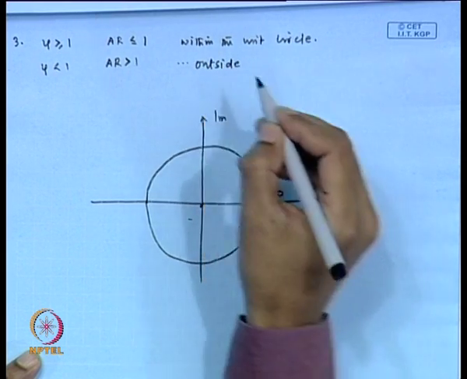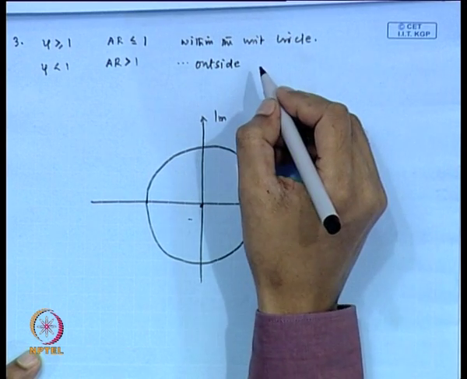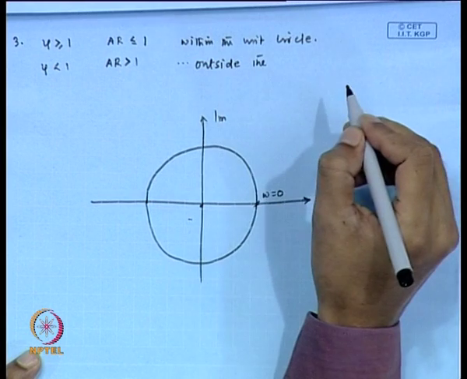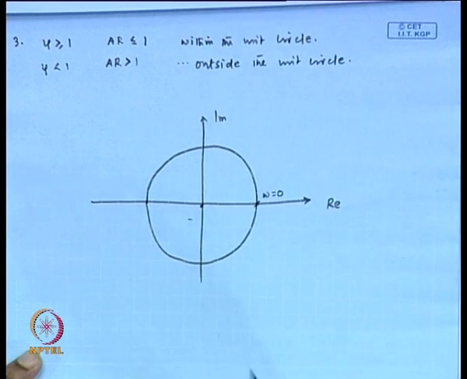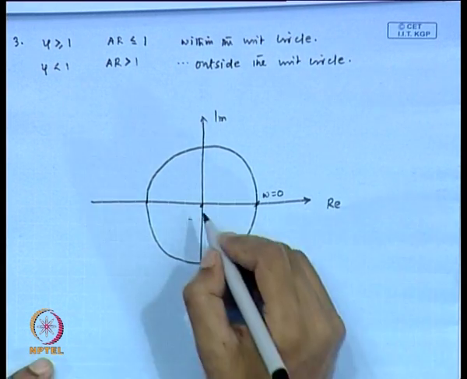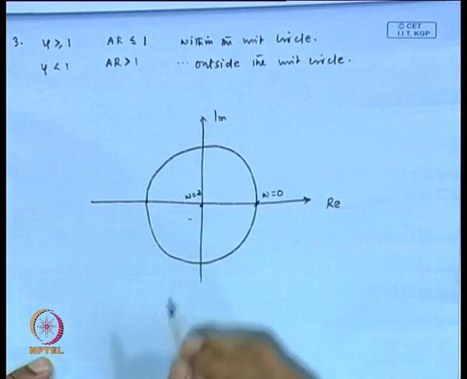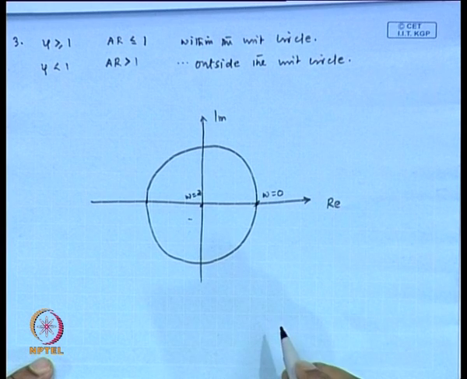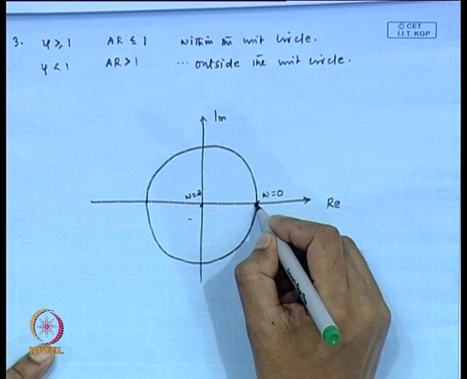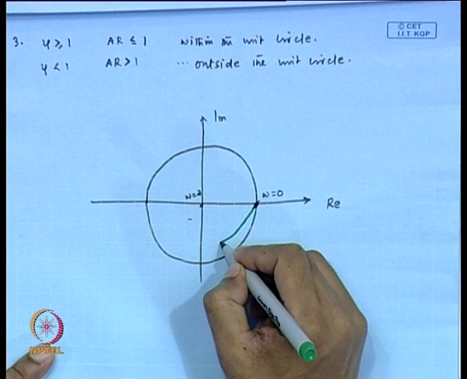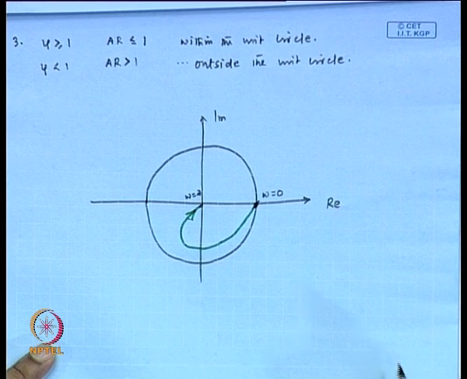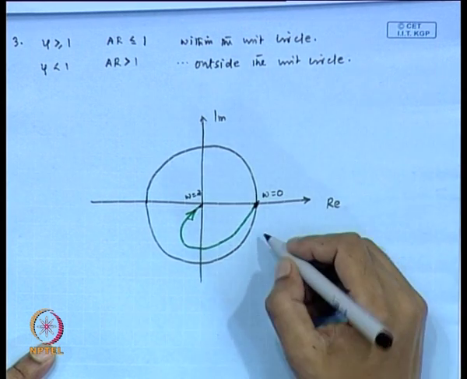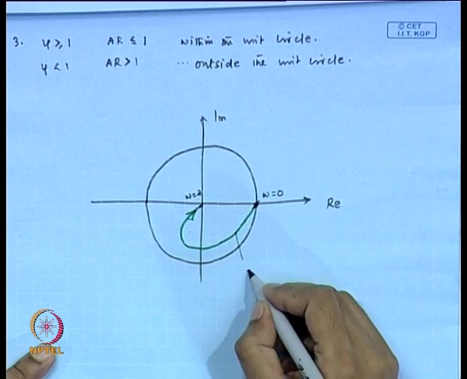The polar plot goes outside of the unit circle. So, this is when omega equals infinity, this point when omega equals 0. So, when zeta is greater than 1, we obtain this plot, because it is within the unit circle.